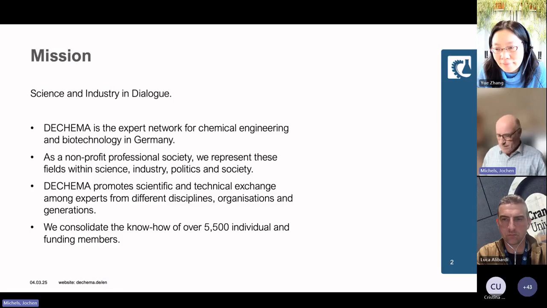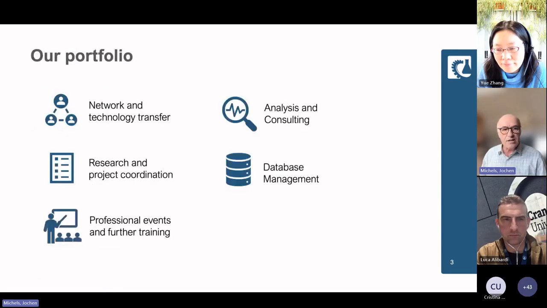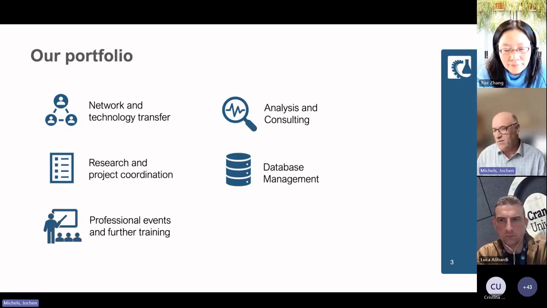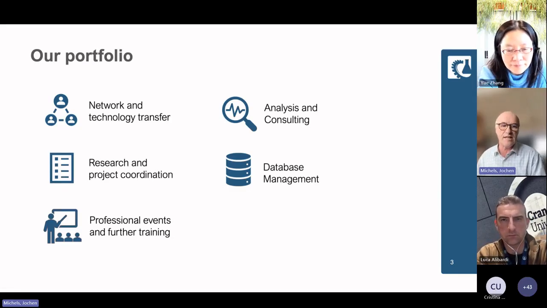This is our mission, and we have a portfolio, and not to go into more detail, we have a research and project coordination unit, and I'm part of that unit doing project coordination and also some research at DECHEMA, and that's my role also in that project.